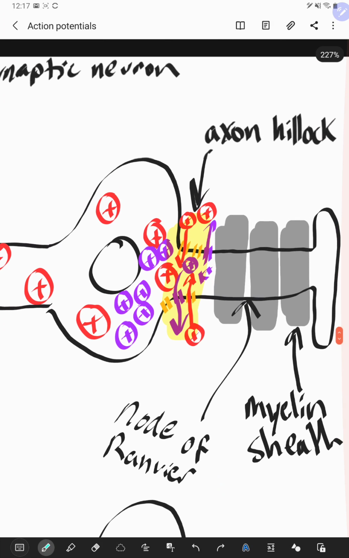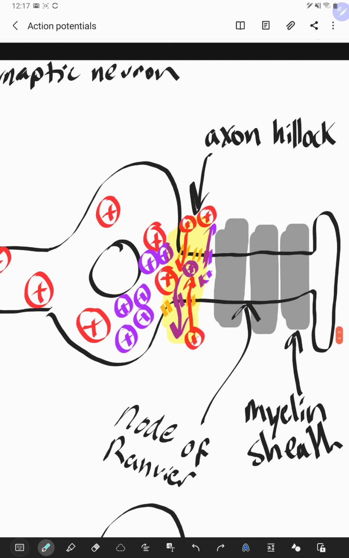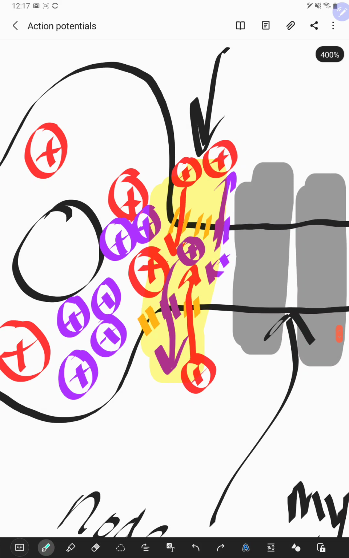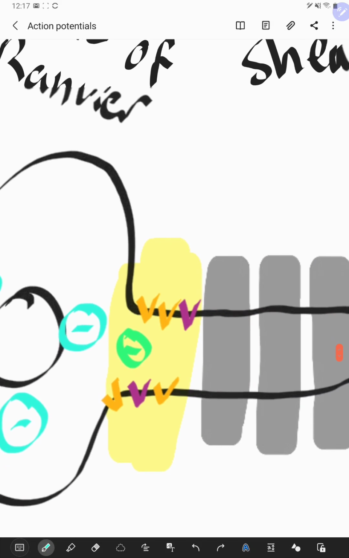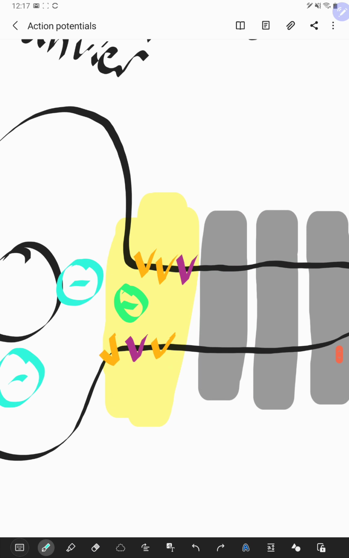Notice how in the previous example, when we got to threshold, these voltage-gated sodium channels, represented in orange, opened and allowed sodium to enter the cell. But we did not get to threshold, so they are going to remain closed. Look how I drew them, that they're closed. So no sodium is going to enter the cell.